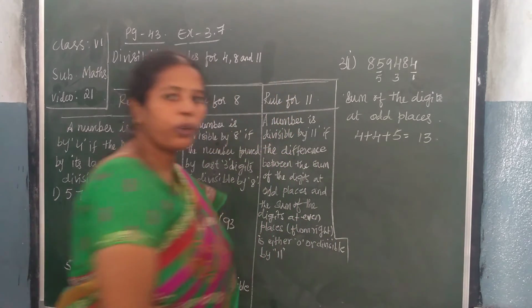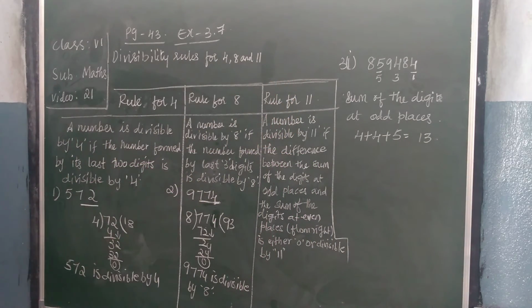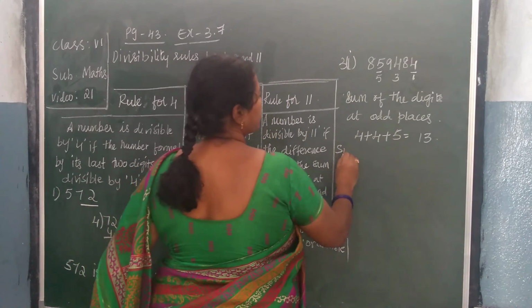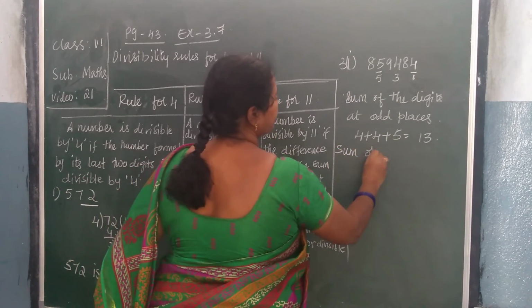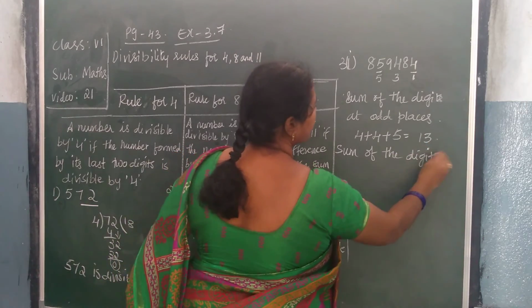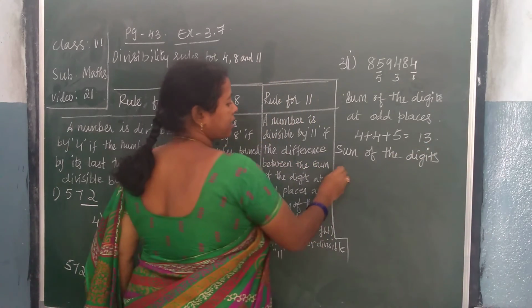Next, you have to select the digits that are from even places, children. The sum of the digits at even places. From right hand side only. Every time right hand side only, you should remember, children.